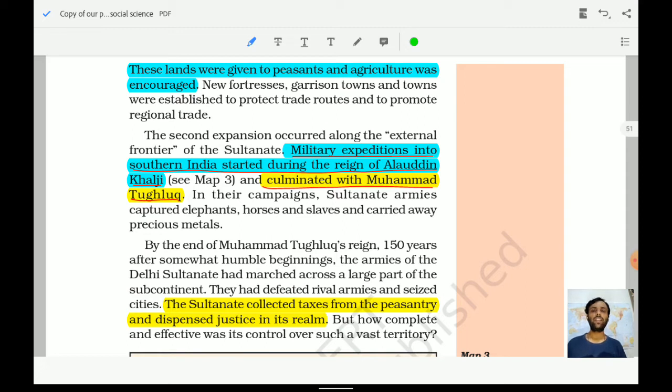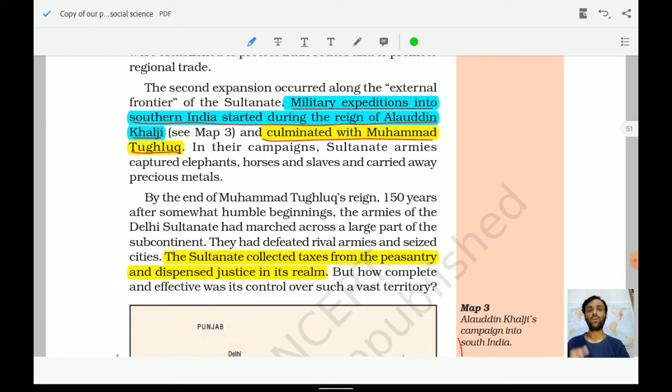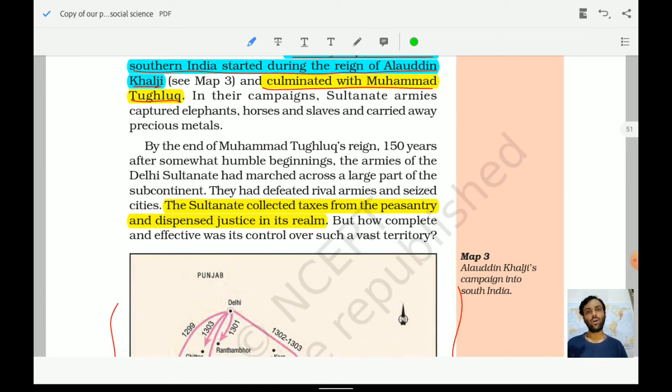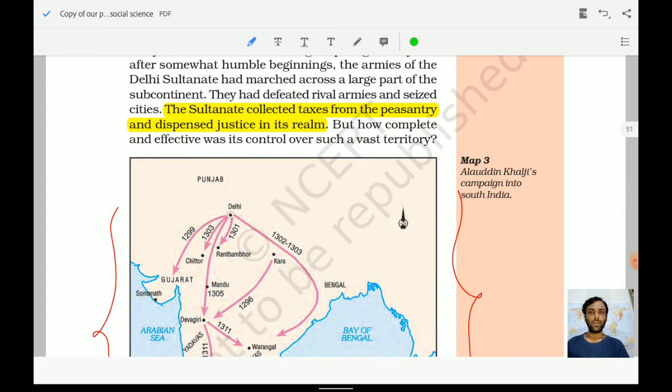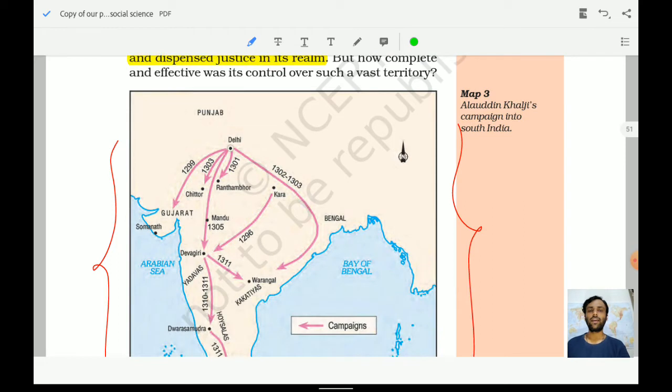This culminated with Muhammad Tughlaq, because Muhammad Tughlaq also did the same kind of thing when he came into rule. He followed the same type of thing which Alauddin Khilji had done. The Sultanate collected taxes from the peasantry and dispensed justice in its realm. So we just understood how the peasantry became important and how justice plays a role. We just looked at the circle of justice. So these things become important, right?